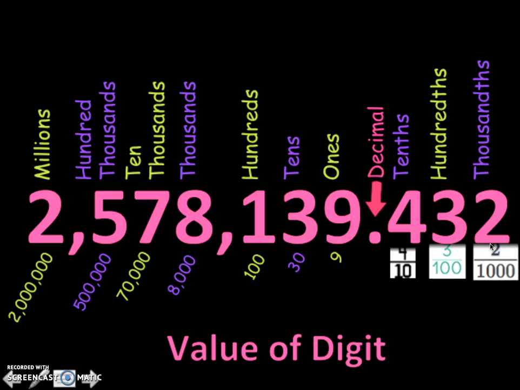After the decimal, we switch to fractions. 4/10 would be the place of this one. Hundredths would be the place of this digit. And thousandths would be the place of this digit. But like I reminded you before, this number is a representation of 432 thousandths.